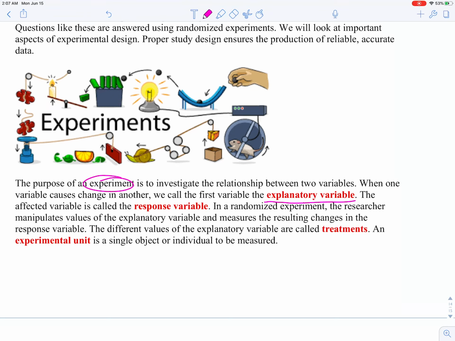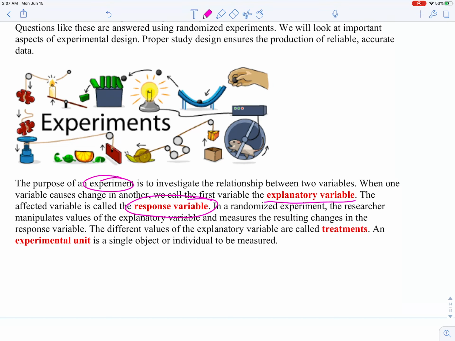Like if you run 5 miles a day, that would explain the outcome of the experiment, why you lost weight, right? Okay, so the affected variable is called the response variable. The explanatory variable explains the response to the experiment. So the response variable is the thing you're studying at the end of the experiment.